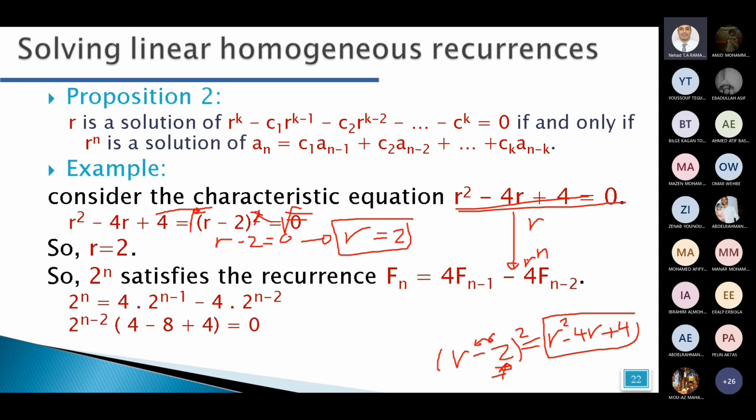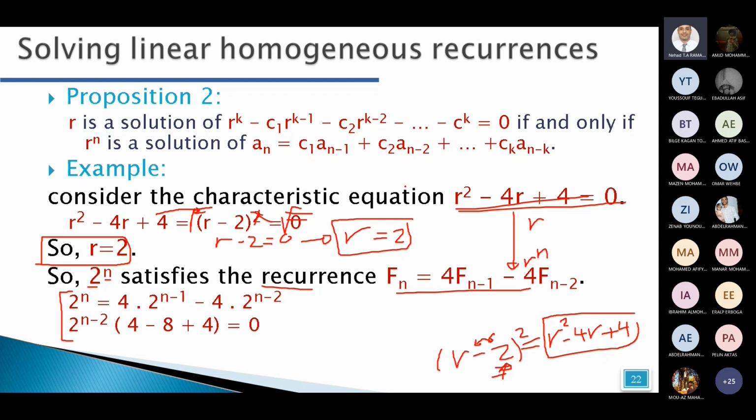So we find r as 2. So if r is 2, then 2 power n is one solution for the recurrence relation fn. Okay, we can confirm it. Yes, check it to confirm it.